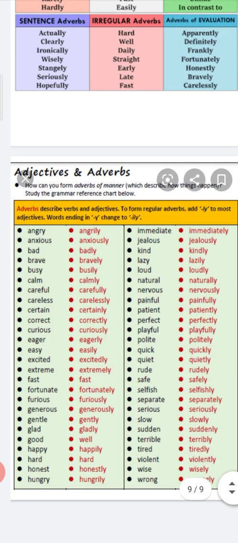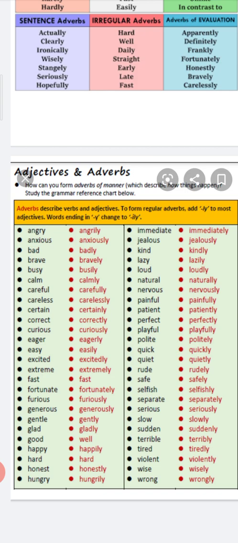Now there is a list of words which have been converted into adverbs, like angry. When you are converting it into an adverb, the y will be removed and it will be written as angrily. Anxious, anxiously. Here only ly is being added.